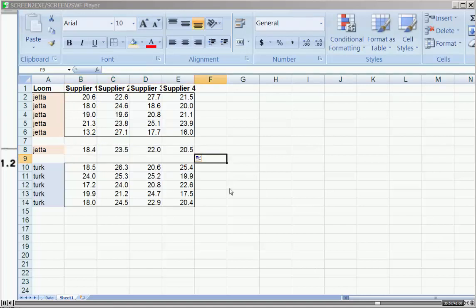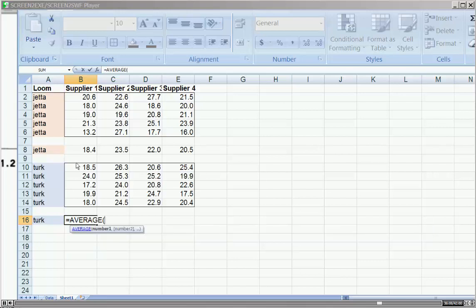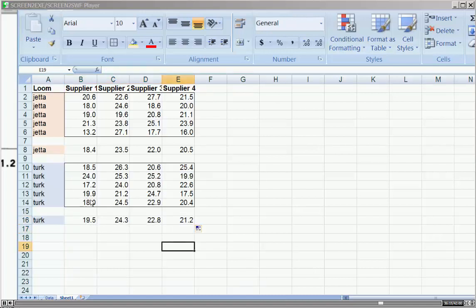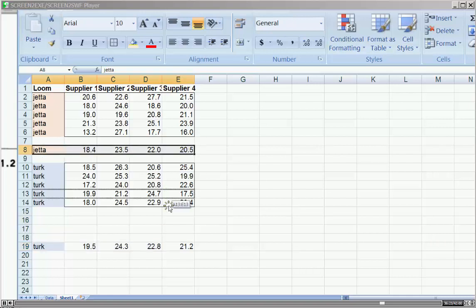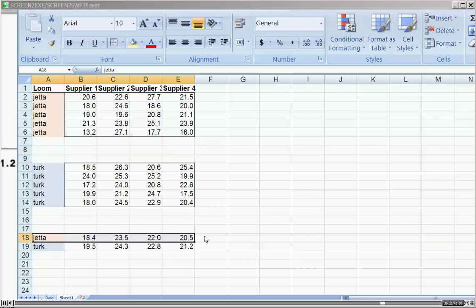Okay, we got our means for the Jetta brand. We'll do the same for the Turk. Now these two are what we need.